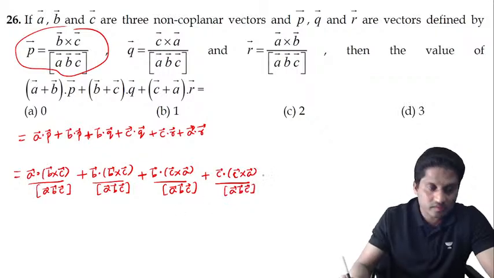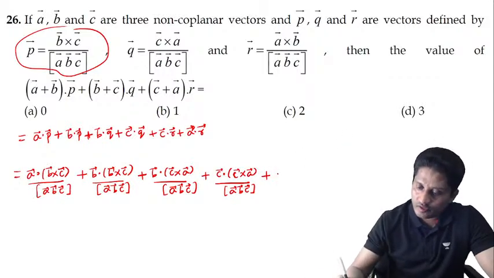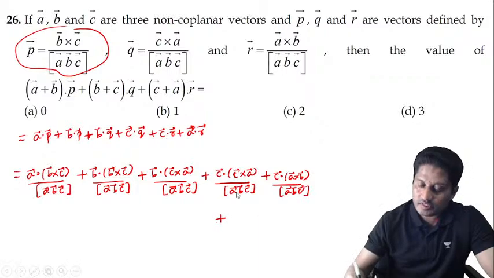And then plus C dot R, that is equal to C dot with A cross B by box of ABC. And then plus 0 only. Plus this is equal to A dot with R. R will be equal to A cross B by box of ABC.